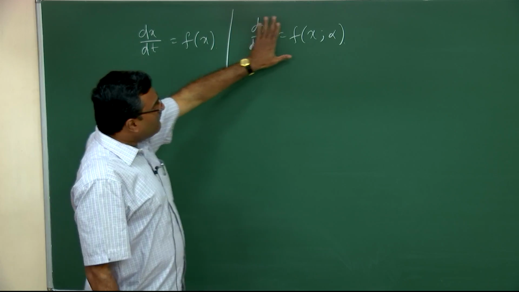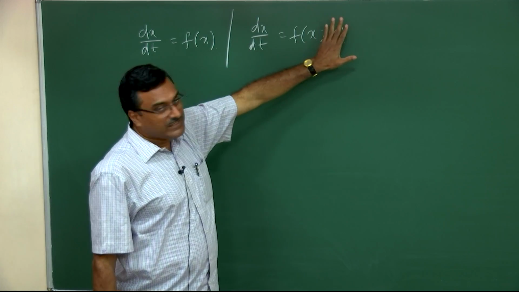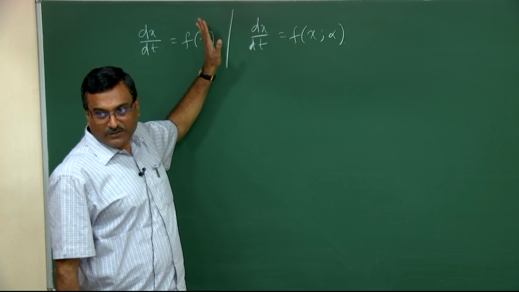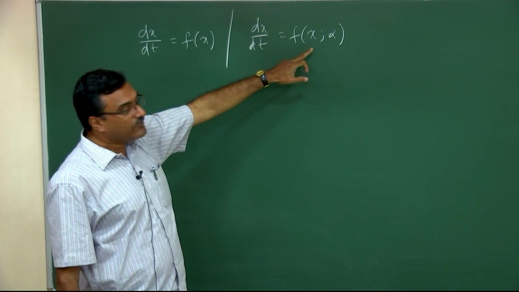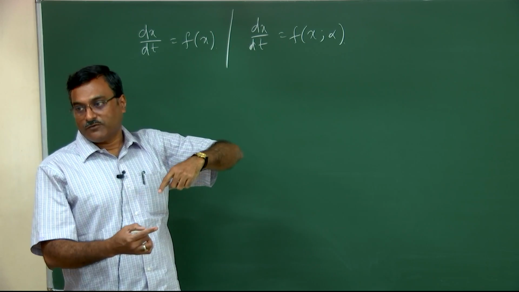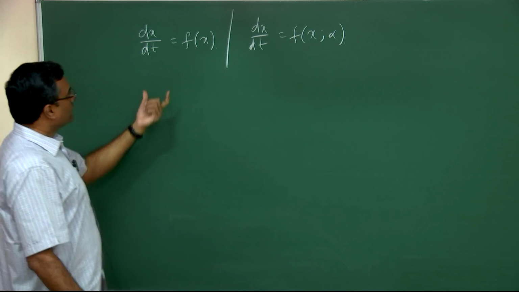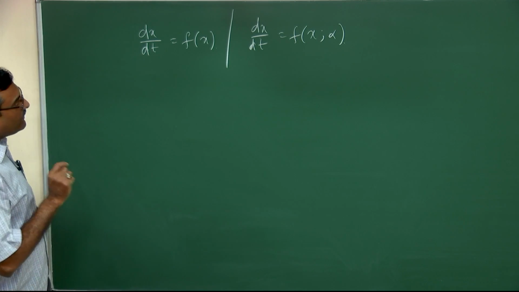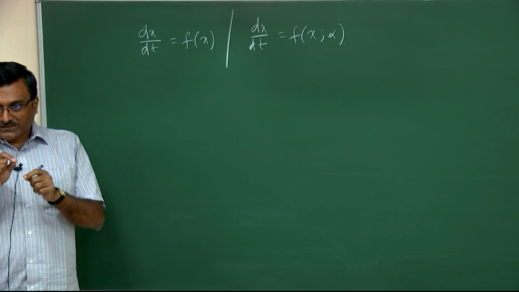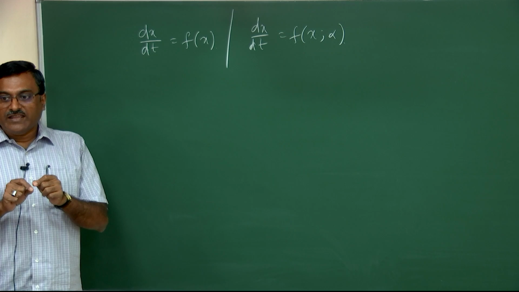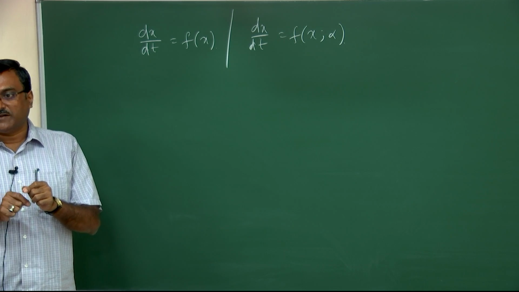For the time being we are not concentrating on this equation, but on this particular one, because defining the equilibrium in terms of the parametrized equation would be quite complicated for you at the initial stage. So for this system, what is an equilibrium point? An equilibrium point means it is a rest point. If you start from here, the trajectory will not move from this particular location.